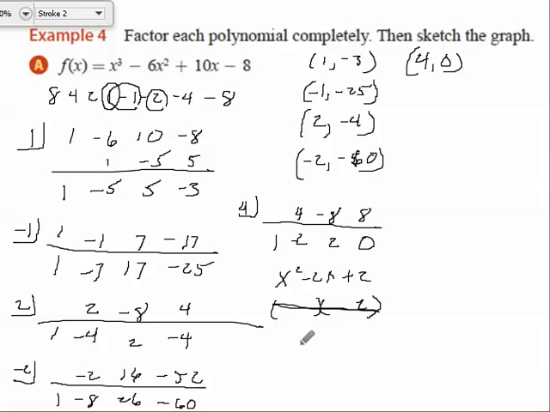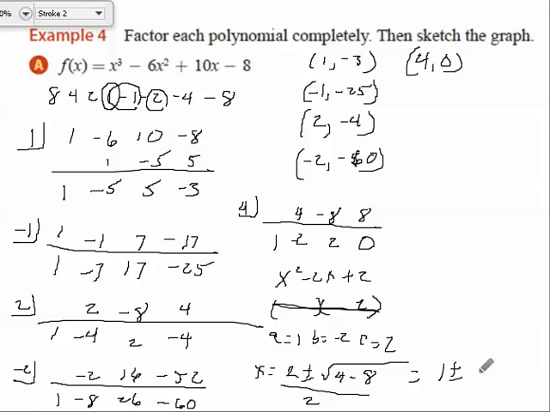So I'm going to stick in here A equals 1, B equals -2, C equals 2, and my x values are going to be negative b, which is going to be a 2, plus or minus the square root of 4 minus 4 times 1 times 2, which is 8, divided by 2.